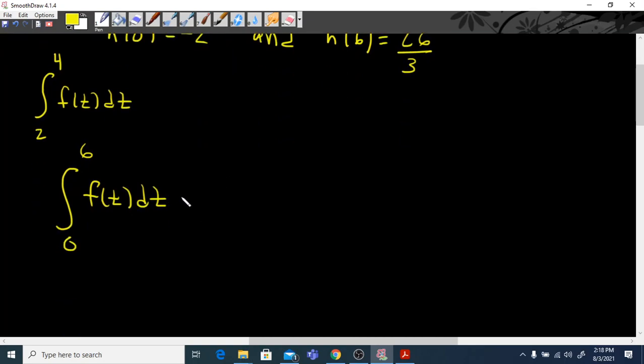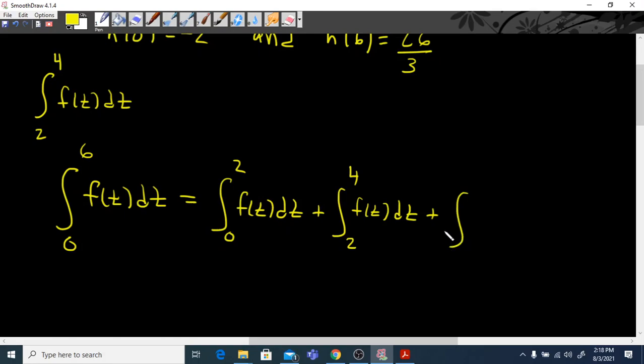Let's just see how this goes. I'm going to split this up in the following way: integral 0 to 2 of f(t) dt, plus integral 2 to 4 of f(t) dt, plus integral 4 to 6 of f(t) dt.